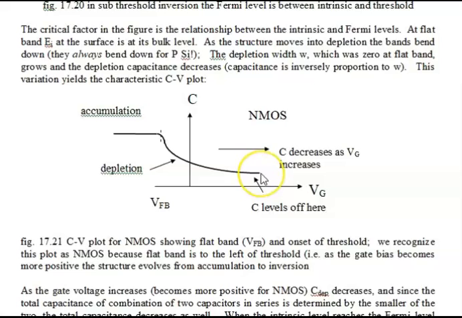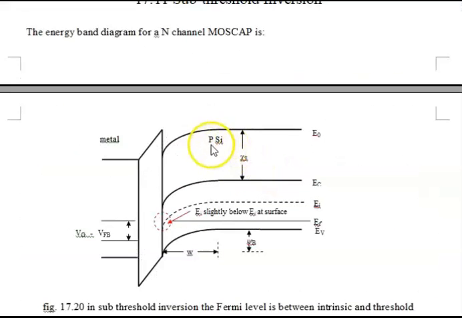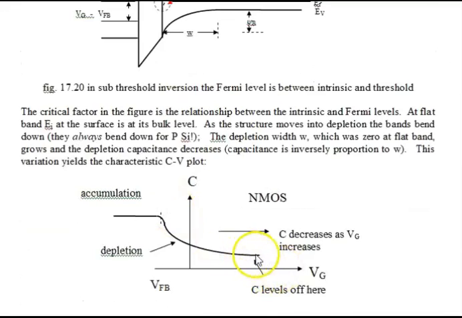And when we get to threshold, all of a sudden this capacitance is shielded by this large surface charge density of electrons. The total capacitance will jump back up to Cox.